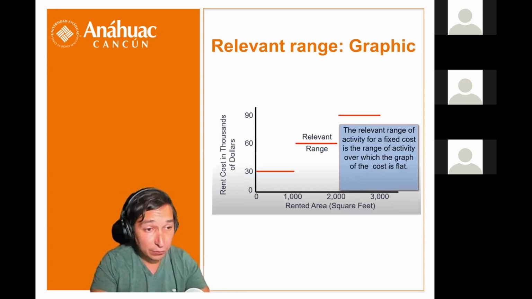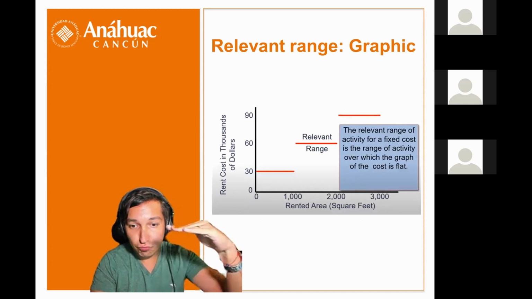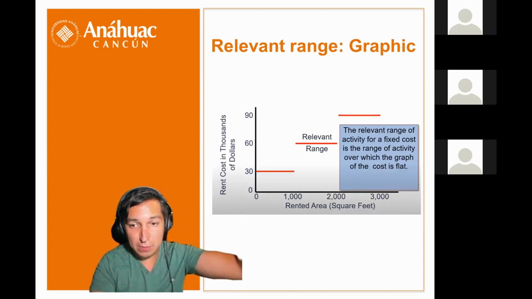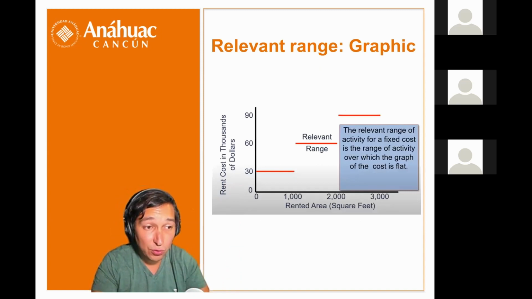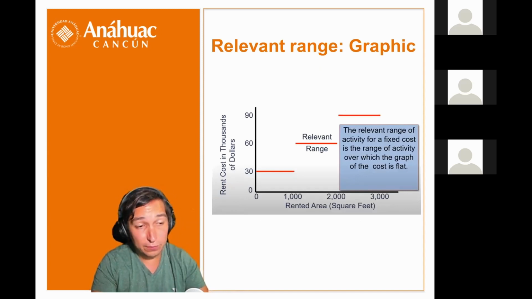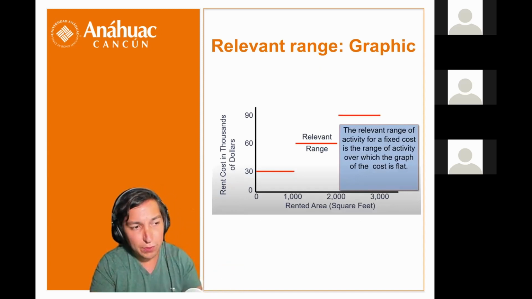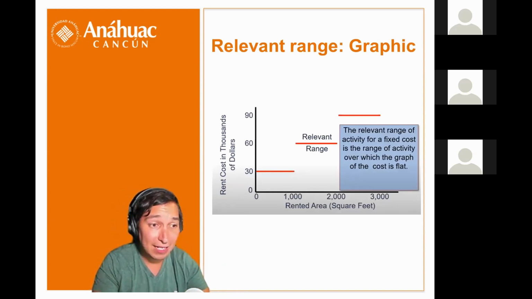If we were to graph that, if we need to rent 1,000 square feet, then it's going to be $30,000. That is the first red line on the graph. But if we need 1,200 square feet, guess what? That's not an option. We're going to jump up to renting 2,000 square feet, and that's going to cost us $60,000, and so on.